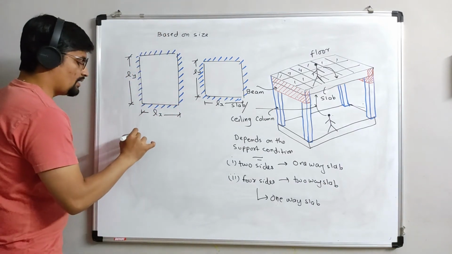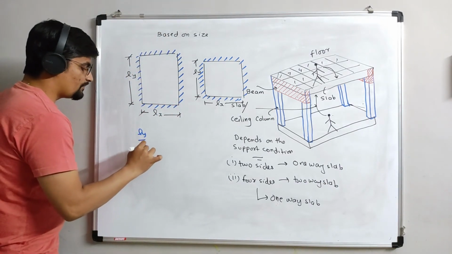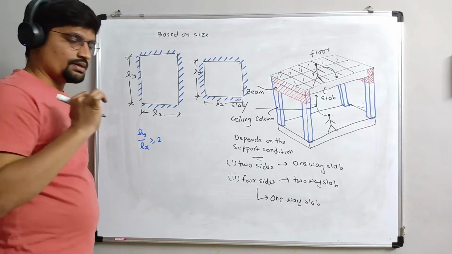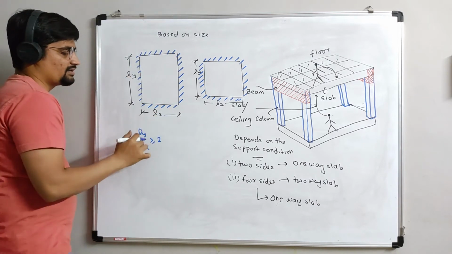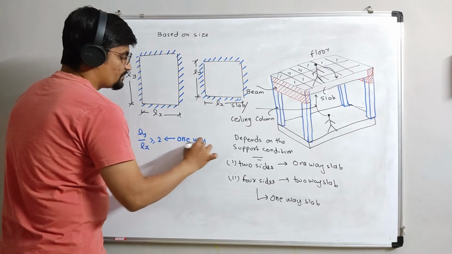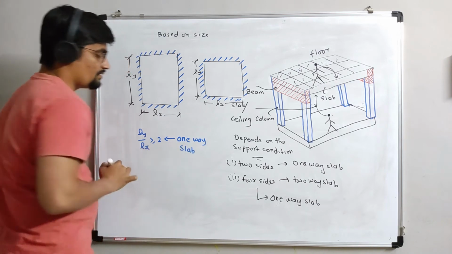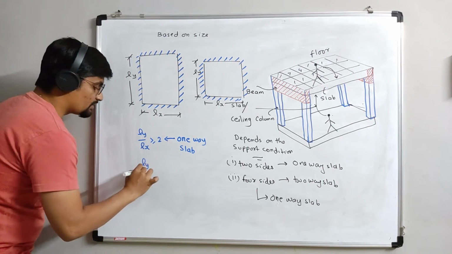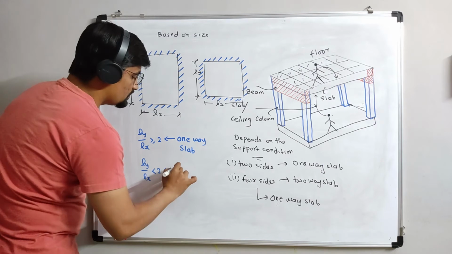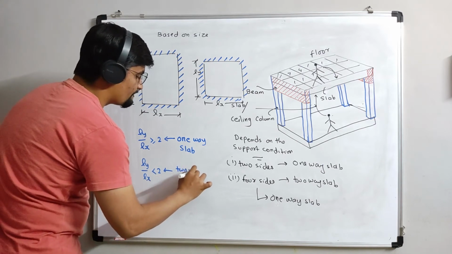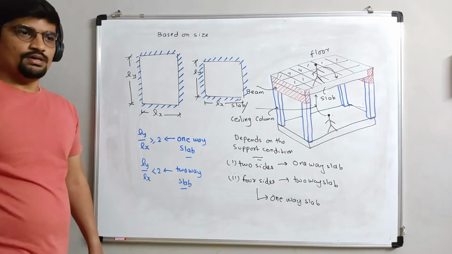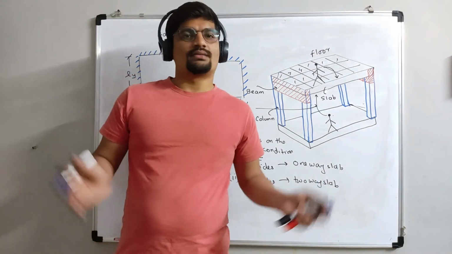If Ly by Lx is greater than or equal to 2, then it is confirmed as a one-way slab. If Ly by Lx is less than 2, then it is taken as a two-way slab. Generally, a two-way slab means a nearly square slab.